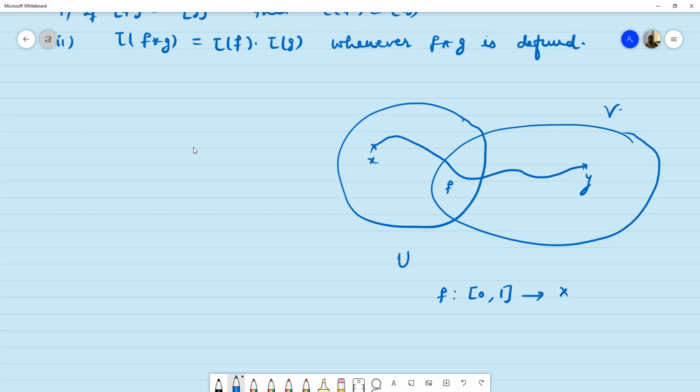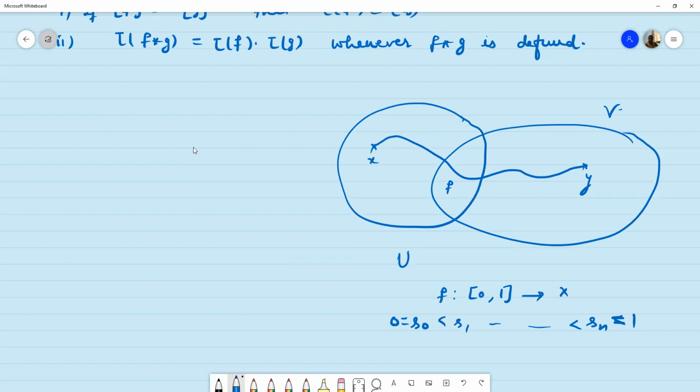So we partition this interval 0, 1 into subintervals. And we choose this partition in such a way that the image of each subinterval lies either in U or in V. Let's say this is the subdivision of 0, 1: S0, S1 up to Sn, where Sn is equal to 1. So we have divided the interval 0, 1 into n subintervals.